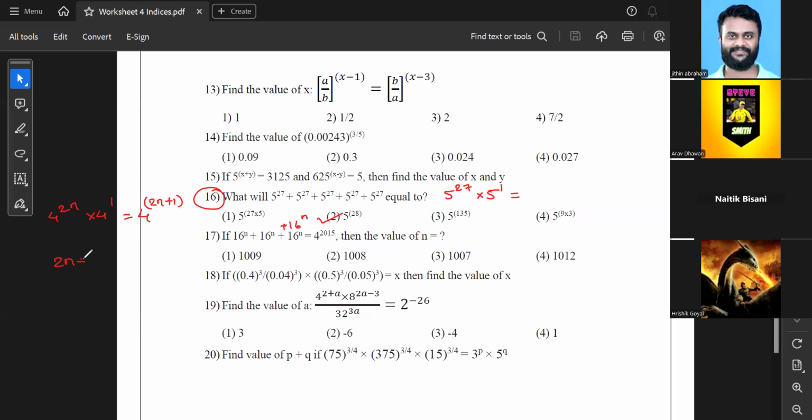So 2n plus 1 is equal to 2015. So when I take plus 1 to the other side, I'll get 2014, half of which will be 1007. So it's a printing error. There should have been one more 16 raised to n. Okay.